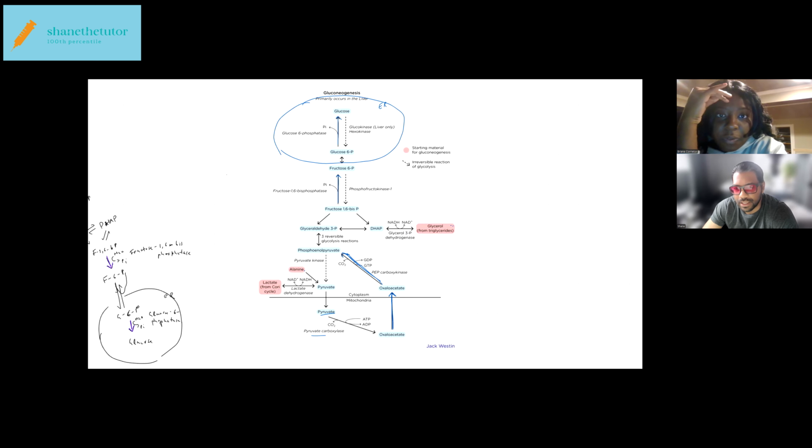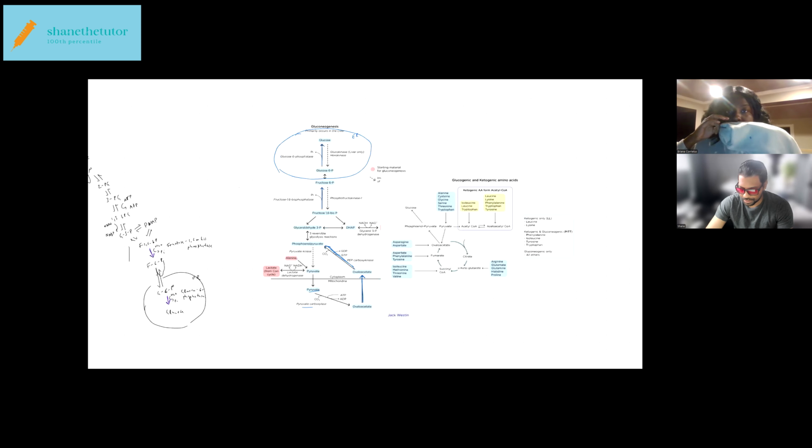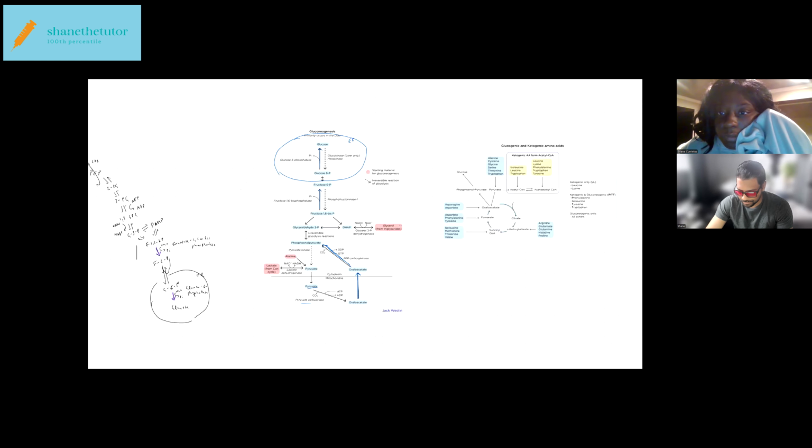I don't know if you know what I'm talking about. Yeah, you're talking about glucogenic and ketogenic amino acids. And here's a list of them.